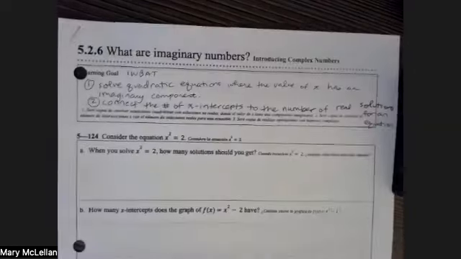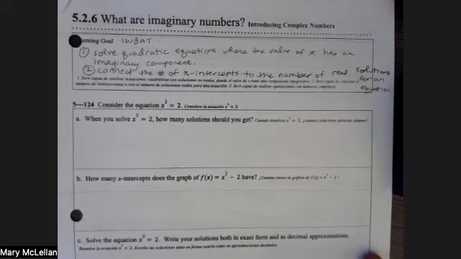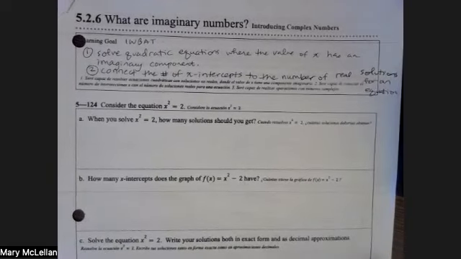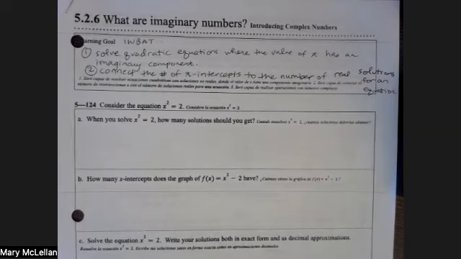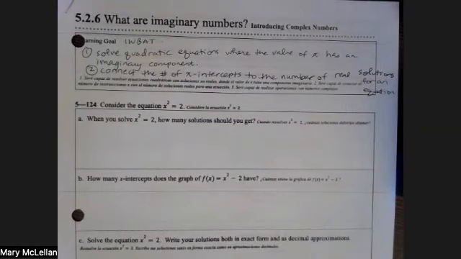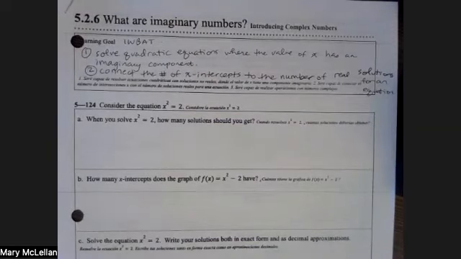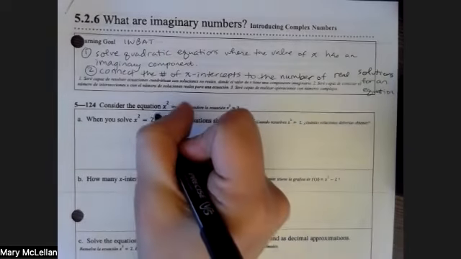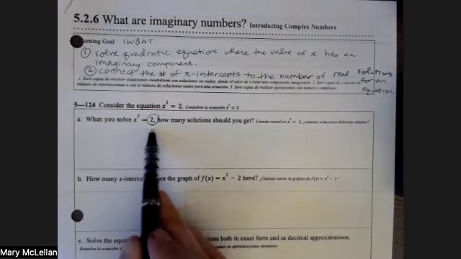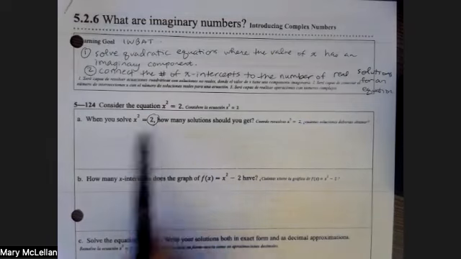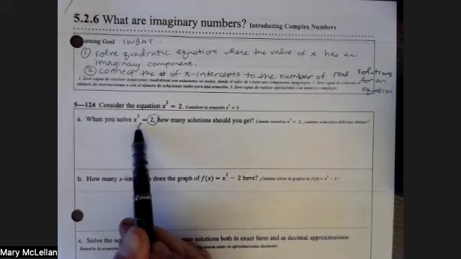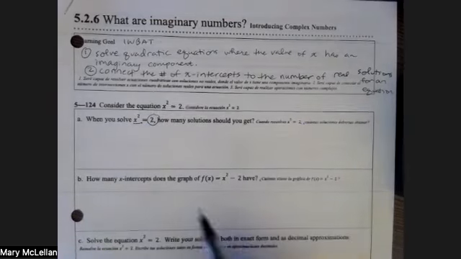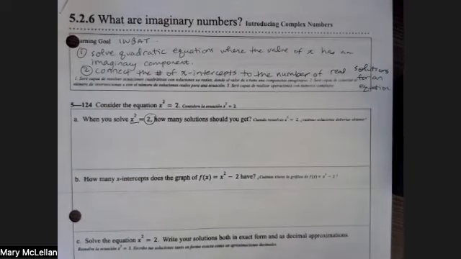Okay, so let's just jump right in and get started. We have 5-124. Consider the equation x squared equals 2. How many solutions should we get? Well, we know that when we're taking the square root of a positive number in order to solve a quadratic, that will give us 2 solutions.